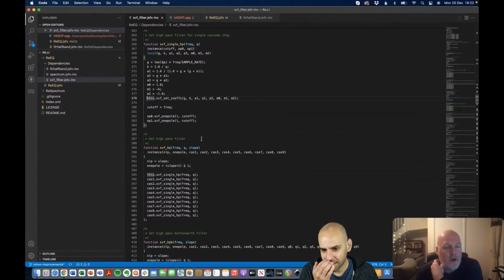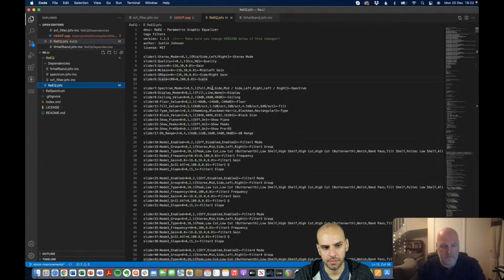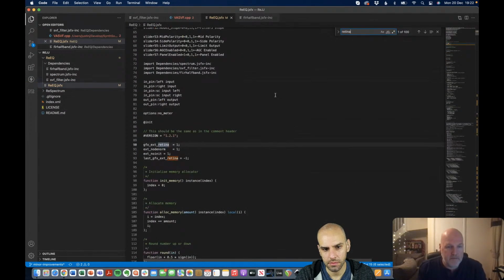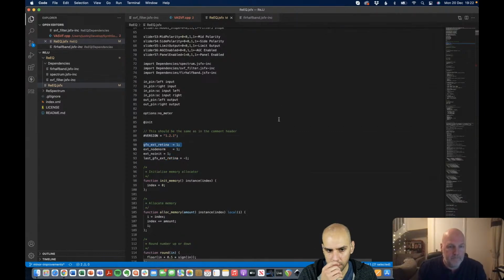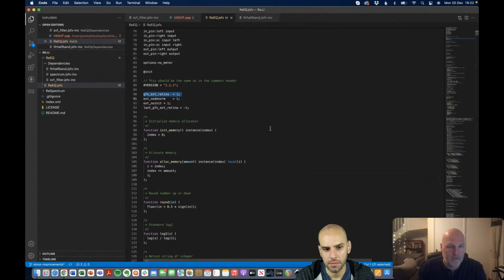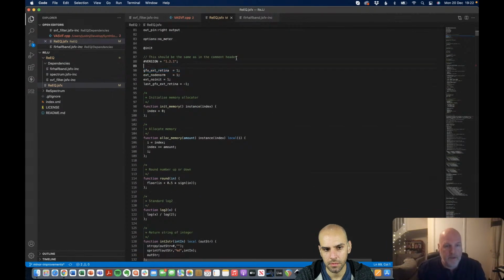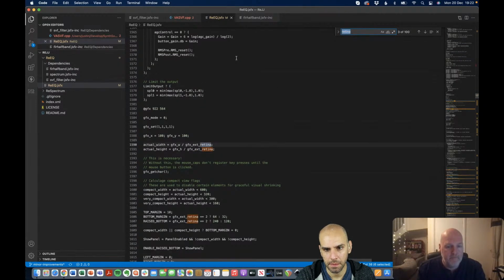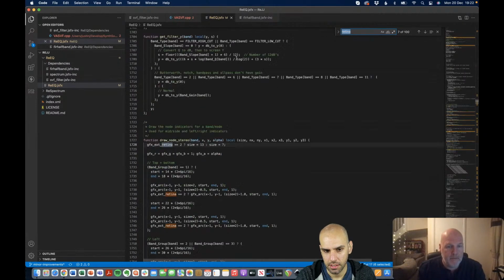No, you can't. But you can check that. So, for example, we have got this. So you can actually check what retina mode you're in.